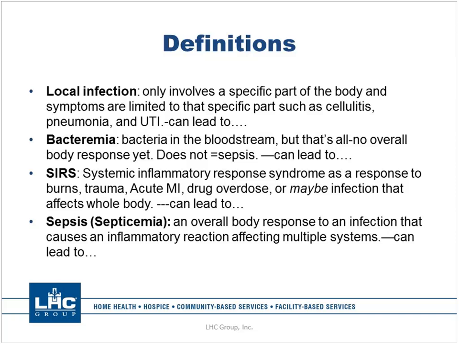Now this can lead to bacteremia, which is bacteria in the bloodstream, but that's it. There's no overall body response yet. Just because there's bacteria in the bloodstream does not automatically mean that this patient is septic. It just means they're on their way there. So do not assume this.